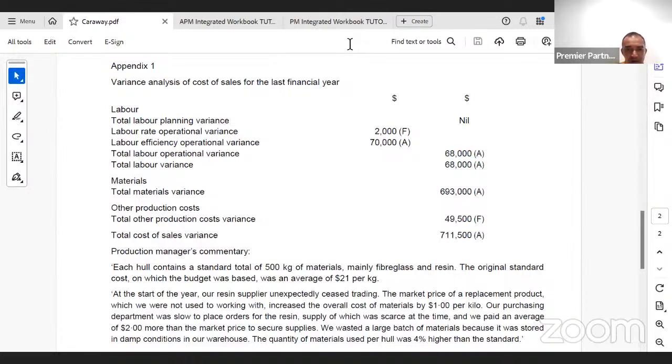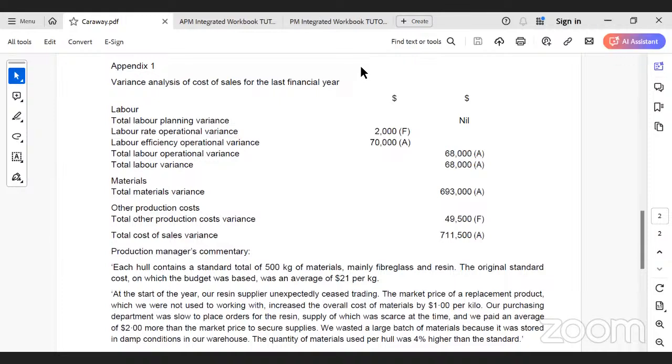You have to tell me after reading this what is going on here. They have told you planning and operating variance. They have given you some variances, and they have not given you some. They have put details for some, and they haven't for others. So I'll give you 5 to 10 minutes. Go through this and tell me what is happening. I also want to know the reasons for the variances: material, labor, and other overheads.